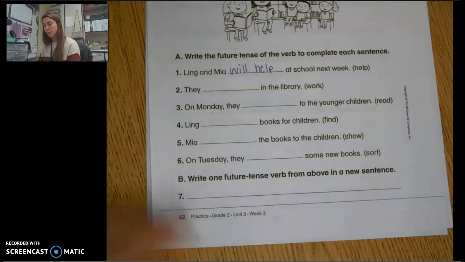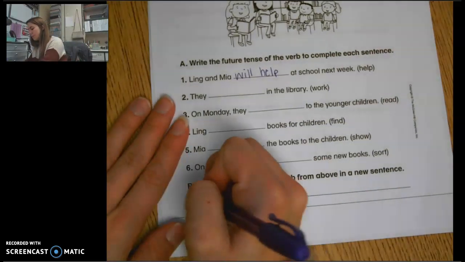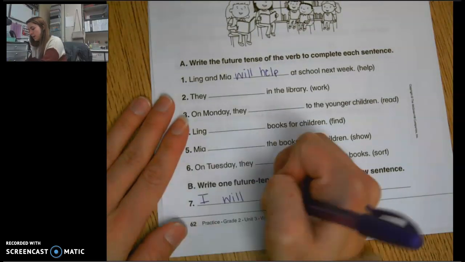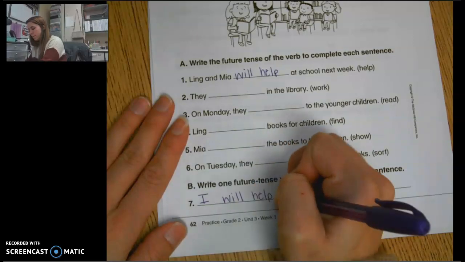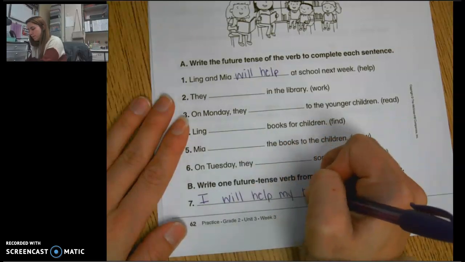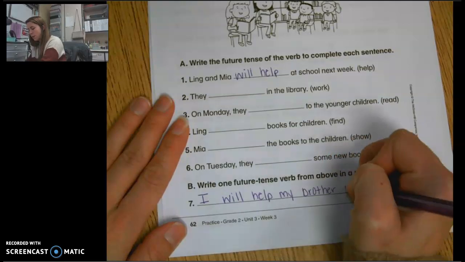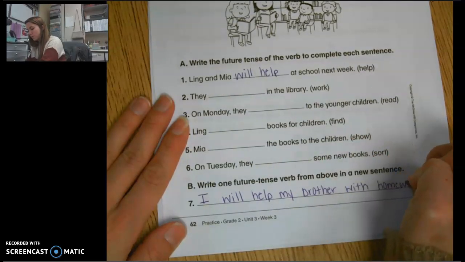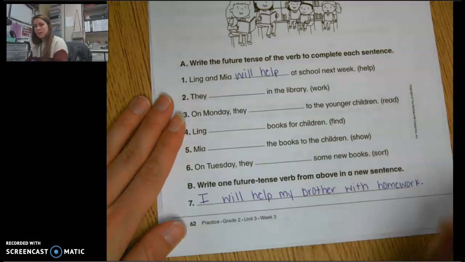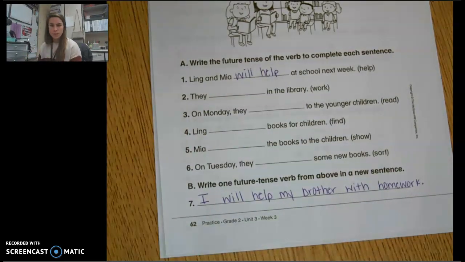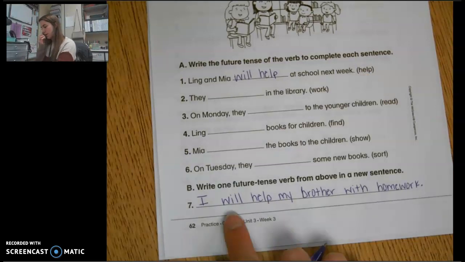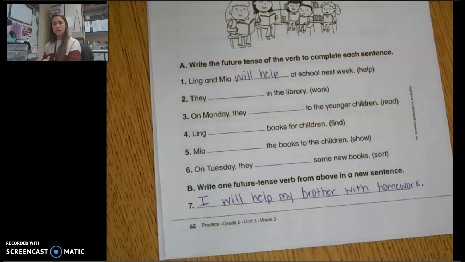So an example could be, I will help my brother with homework. Okay, that means I'm not doing it right now. I haven't already done it, but I will. So that's an example I used the word help like I saw up here. I made it future tense with will help.